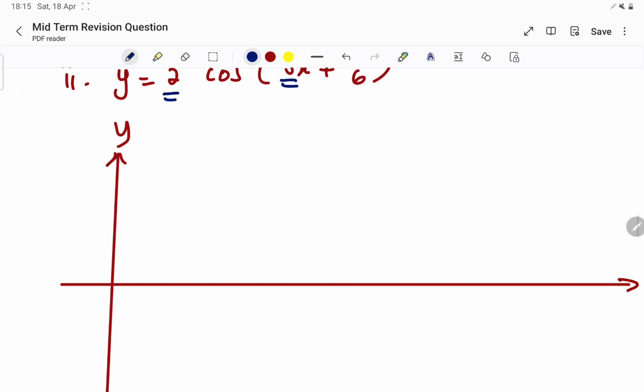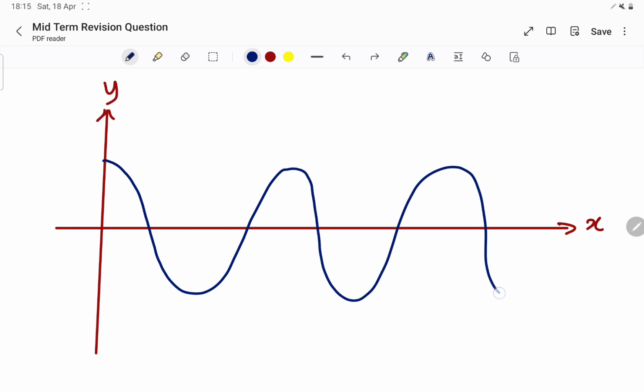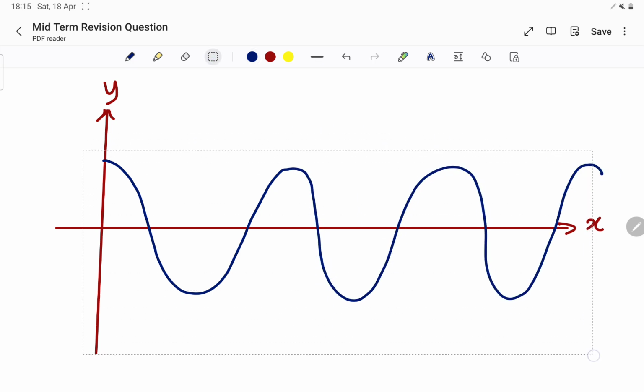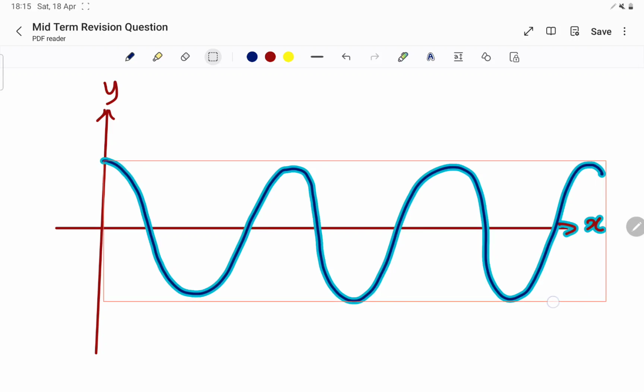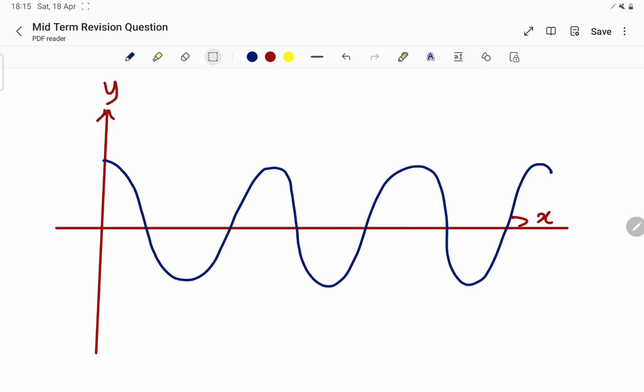So from the graph I draw, let's say like this. Let's say this is 1 cycle, so you have 3 cycles, right? So 1, 2, 3. I think I have to make it more. So I move a bit. So 3 cycles.